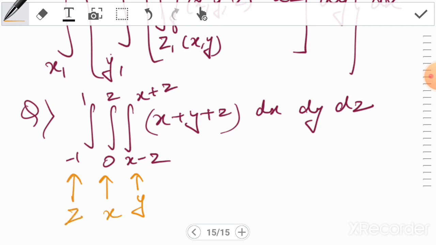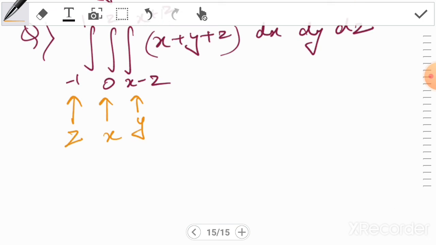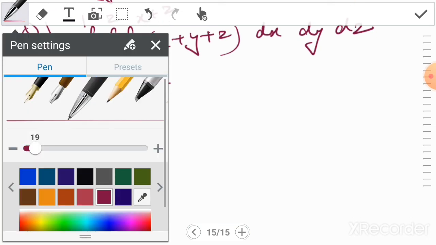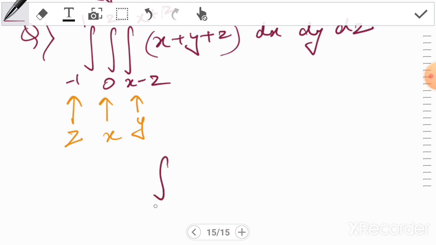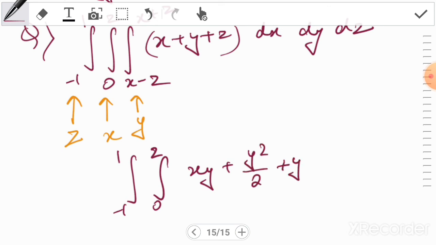So first you have to integrate with respect to y, keeping x and z constant. Then we will have, with limits 0 to z and minus 1 to 1, xy plus y square by 2 plus yz, from x minus z to x plus z, dx dz.